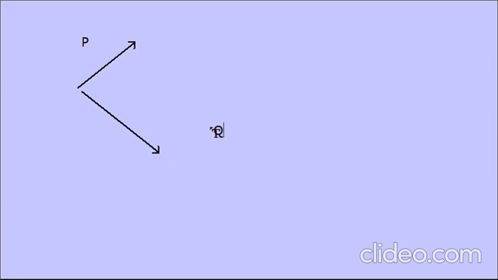Now if I want to replace these two forces by a single force, that is R, as per the triangle law it says that any one force out of these two, you can choose either P or Q.